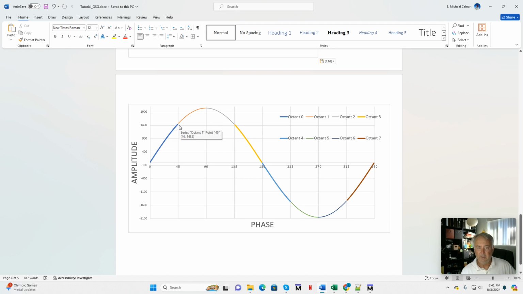And then we go backwards through the cosine table from 45 degrees back to 0. And then forwards through the cosine table from 0 to 45. And then backwards through the cosine table from 45 to 0. That brings us through the positive side of the sinusoid.